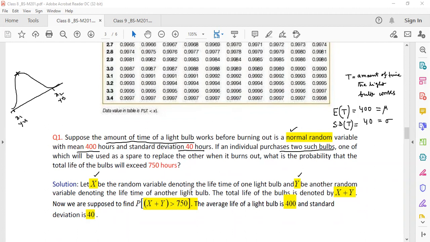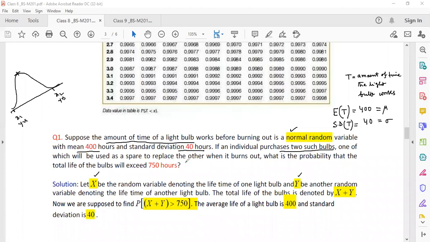We are supposed to find the probability that the total life of the bulbs will exceed 750 hours. If one variable is capital X and the other is capital Y, then X plus Y is the total lifetime of the two bulbs taken together.